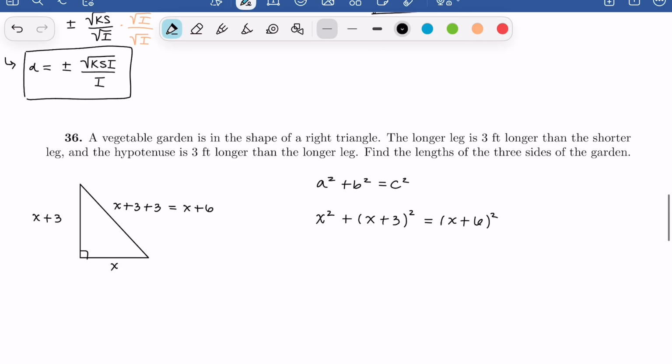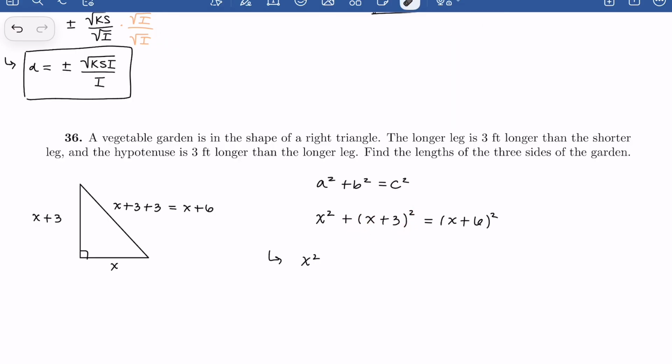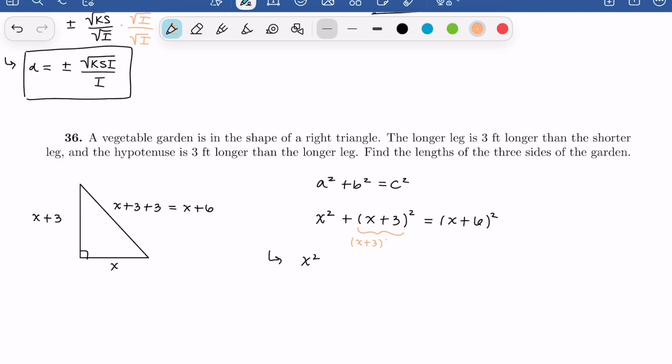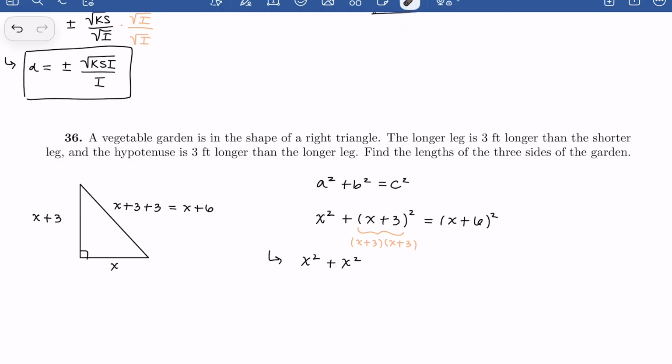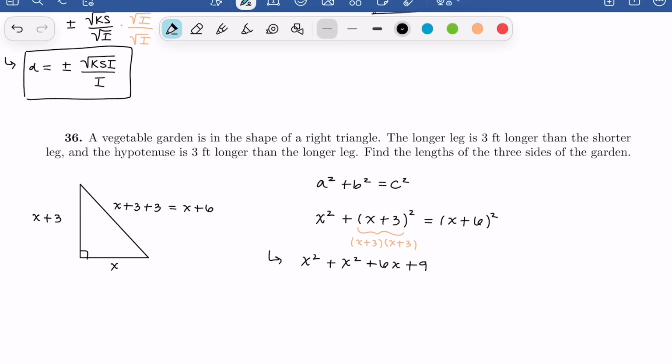All right. We're still going to have this x squared here, but this guy, what we're going to do is FOIL it. X plus 3 squared is the same thing as x plus 3 times x plus 3. So foiling this, we're going to end up with another x squared. Then we're going to have 3x plus 3x, so that's going to give us a 6x. And then 3 times 3 is going to give us a positive 9.